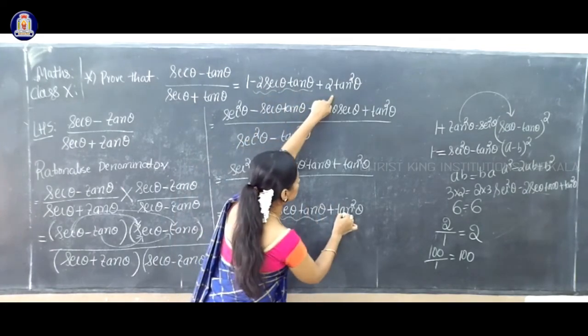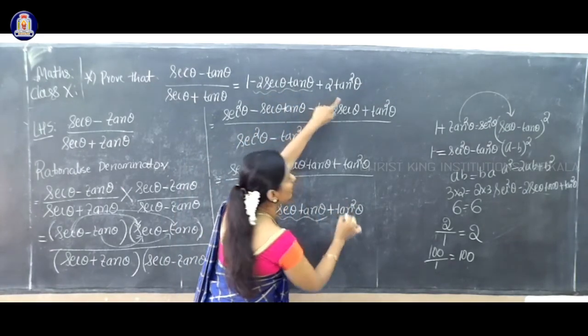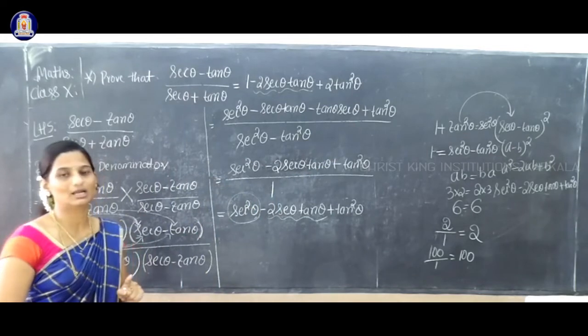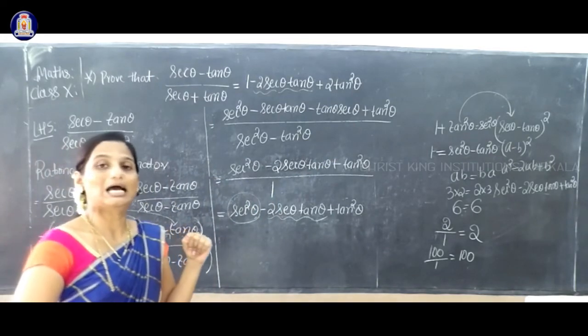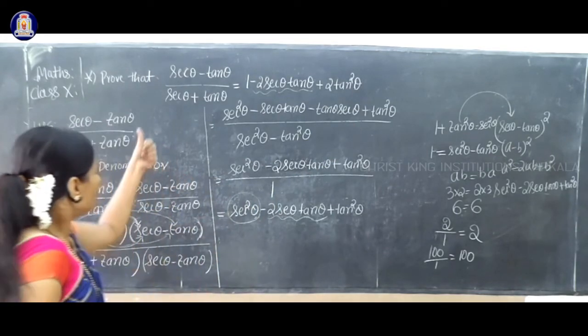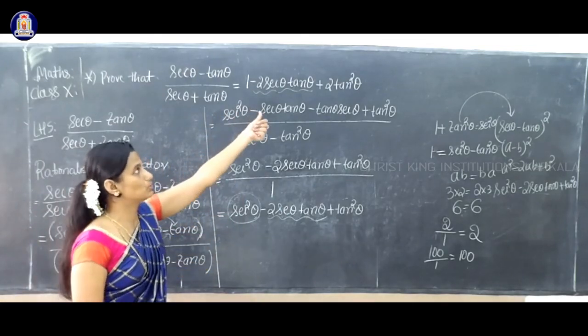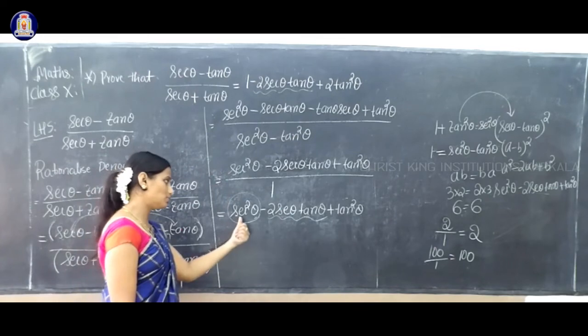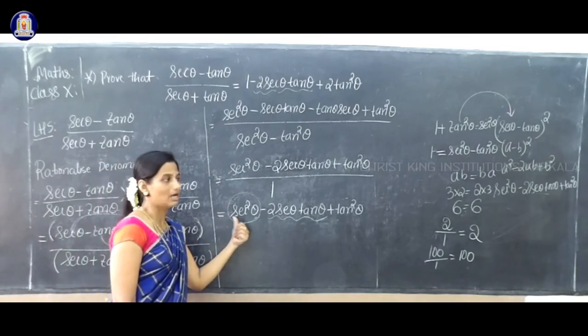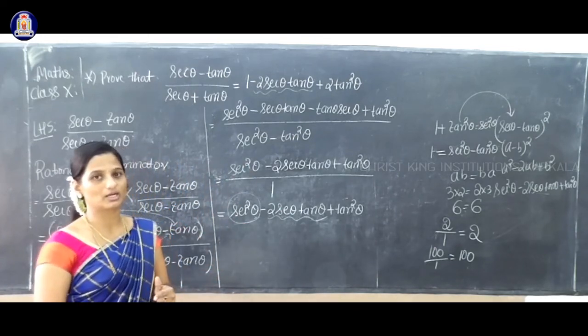Here it is 2 tan square theta, but I got 1 tan square theta, so I need 1 more tan square theta. And there is secant square theta, but in the answer there is no secant square theta. So we should remove this secant square theta. How to remove it?